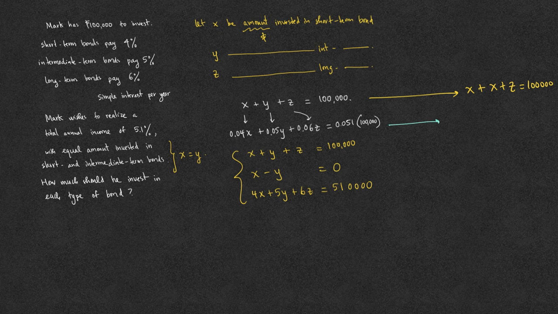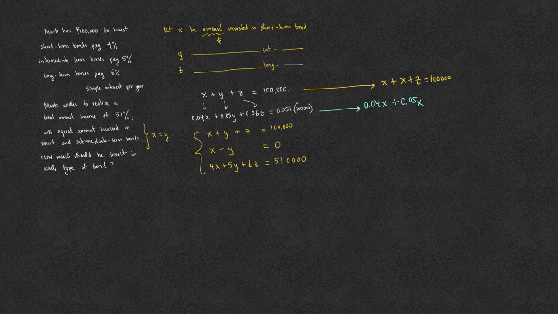The second equation, where x equals y, becomes 0.04x plus 0.05x as well, because y equals x, plus 0.06z equals 0.051 times 100,000, which is 5,100.